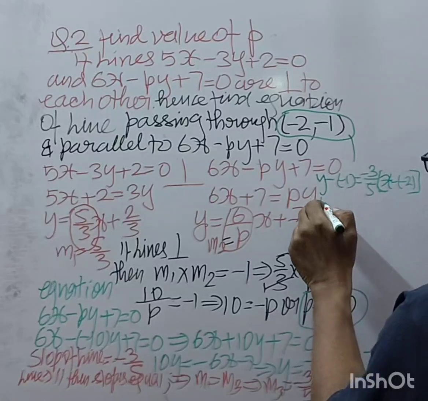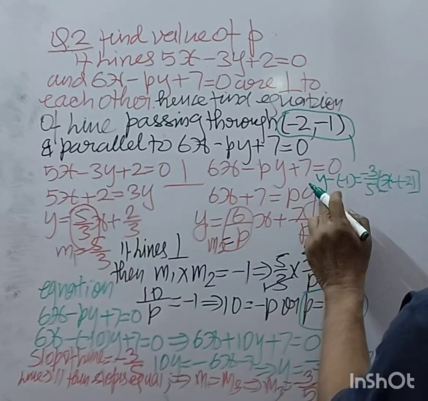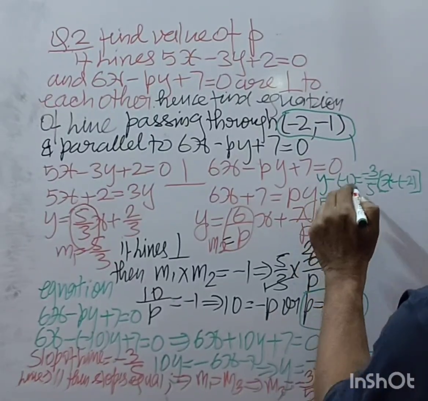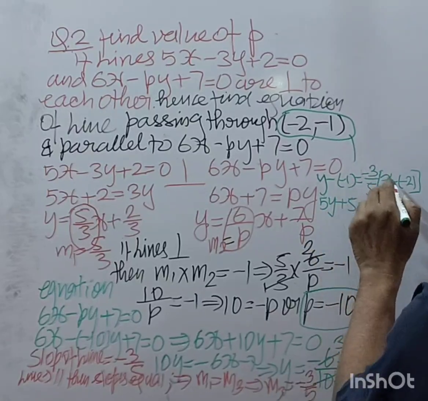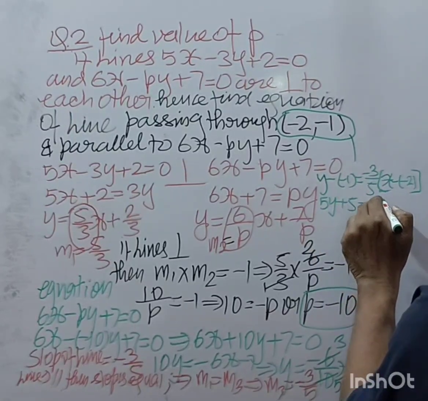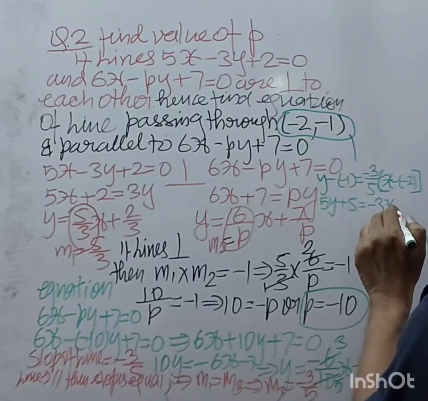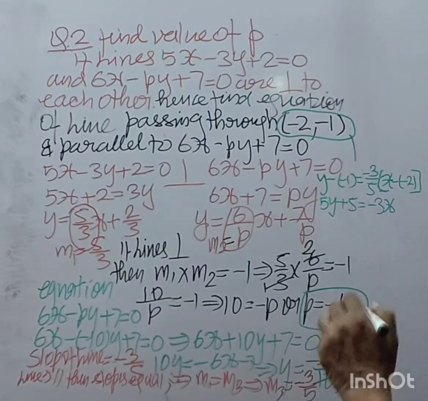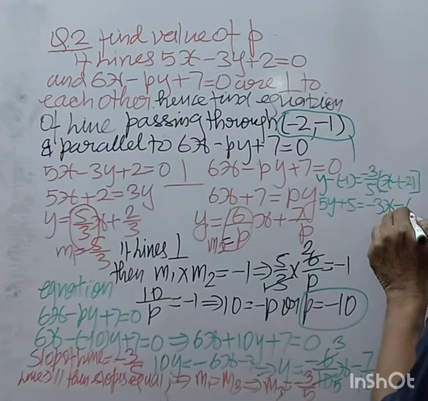So you can write y, this 5 comes here, so 5y plus 5 is equal to minus 3x, minus plus and plus minus, so it becomes minus 6.